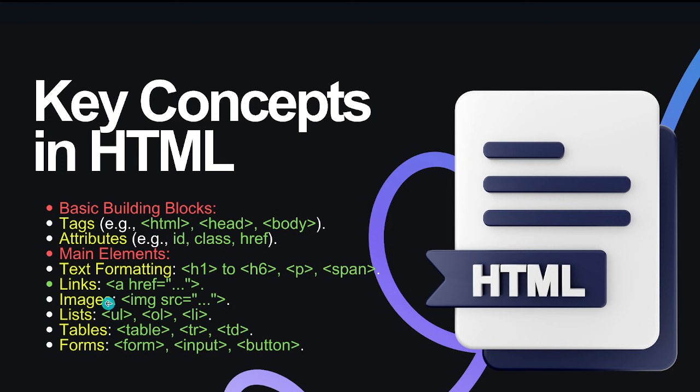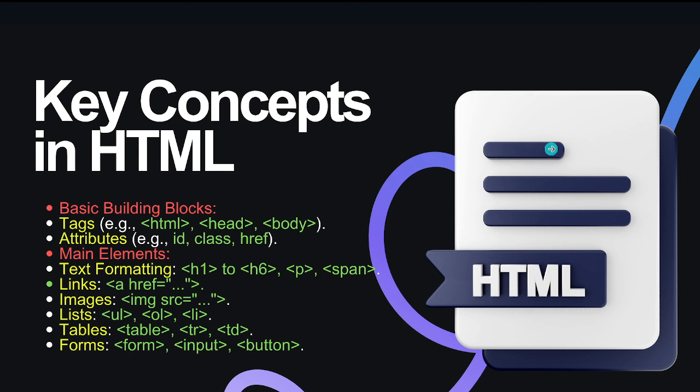Then images: a website is nothing but a combination of multimedia. You see paragraphs, text, and multimedia like images and videos. If you have to put images on your website, then you use the img tag with the src attribute, which will be the source link.